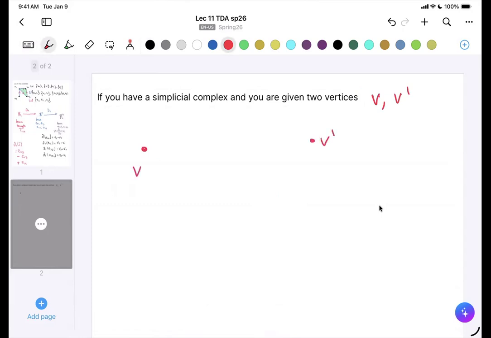So you have a vertex V and a vertex V prime, right? You want to say that they are path connected. So what is it going to mean for these two vertices to be path connected?